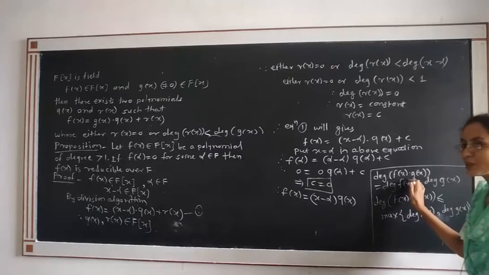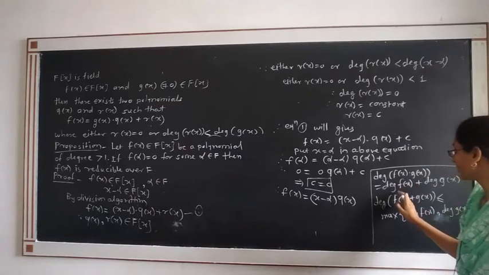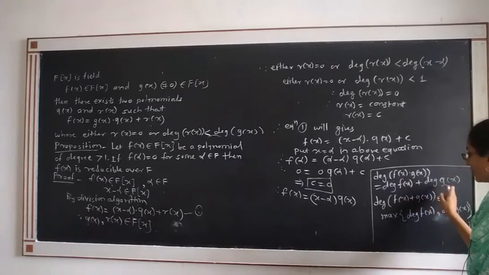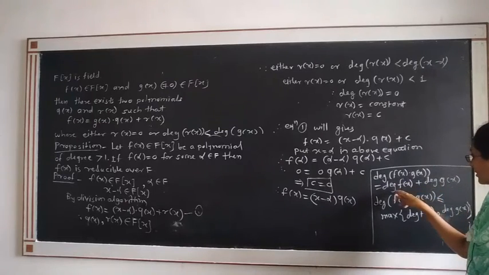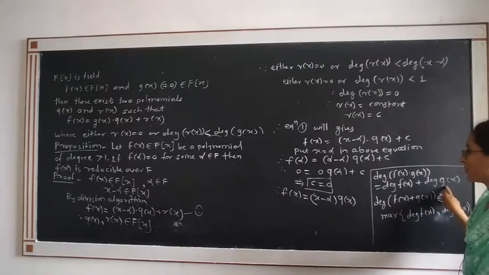The degree of the product of two polynomials is equal to the sum of the degrees of those polynomials.